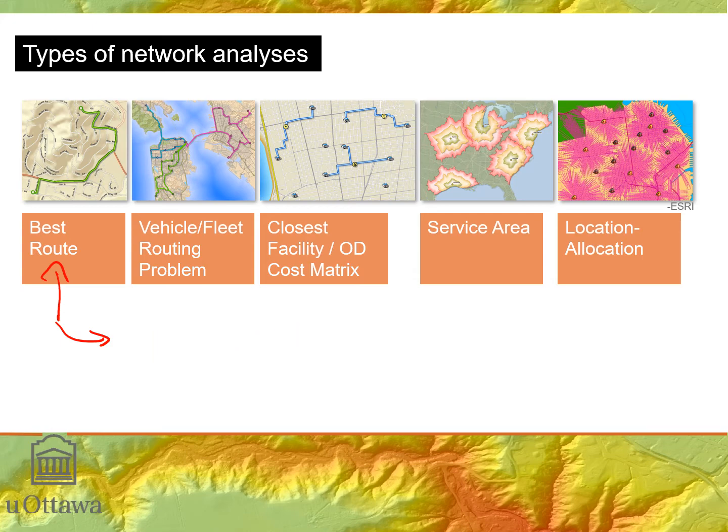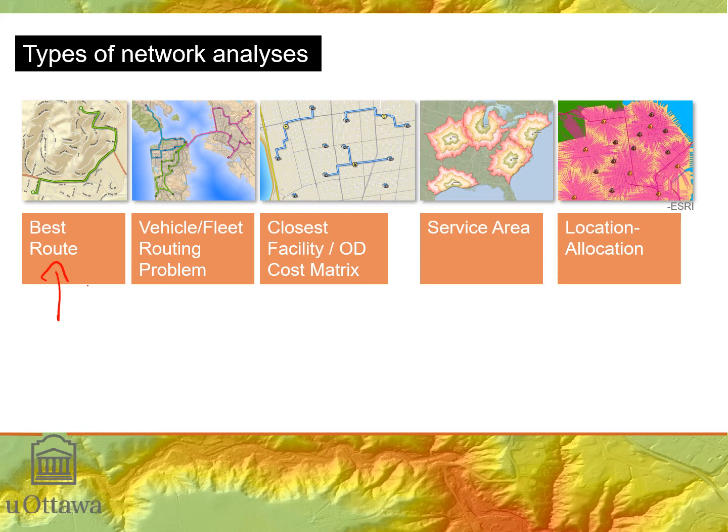It would be best, if you're doing any type of best route analysis, to base it on Google Maps. Don't create your own network for it if you don't need to, because Google Maps has the best operational public interface to best route problems.